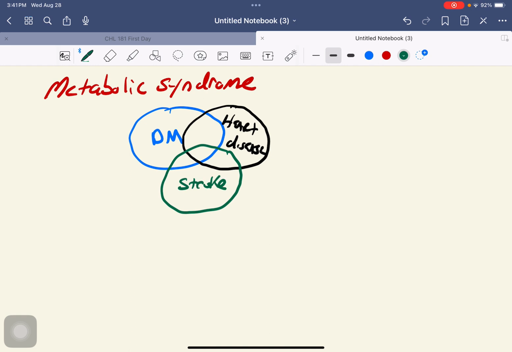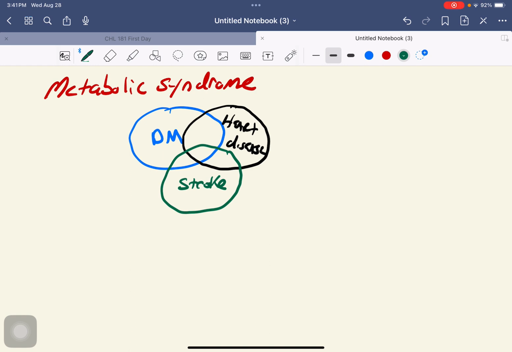We'll talk about stroke in more detail when we get to cardio. So you get the heart disease. Heart disease is really about a heart attack: insufficient blood flow delivery to the heart, leading to dysfunction of the heart. Stroke is associated with the brain: lack of blood flow to the brain, causing neuronal and brain death.